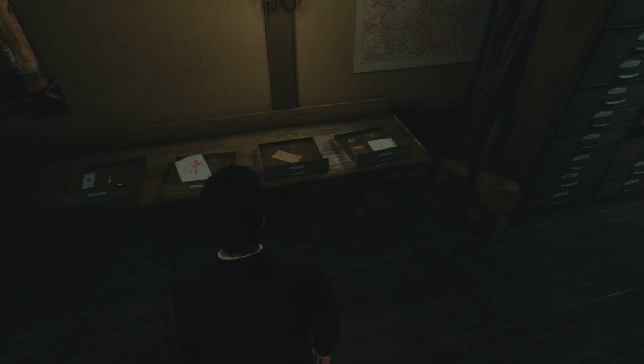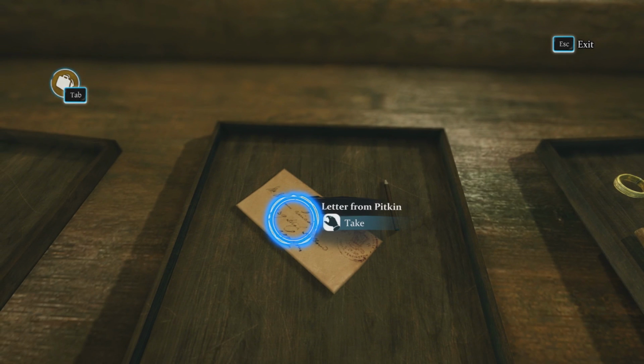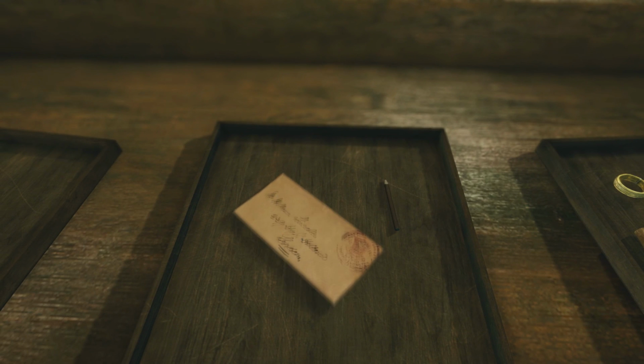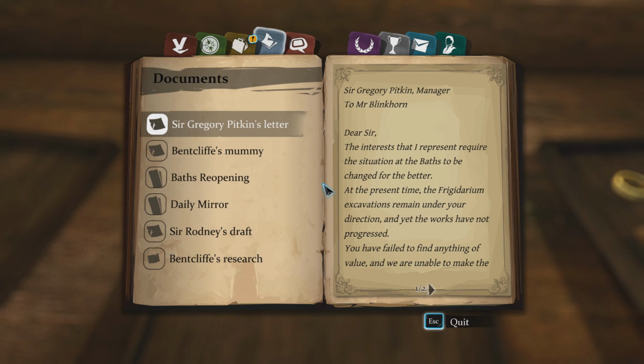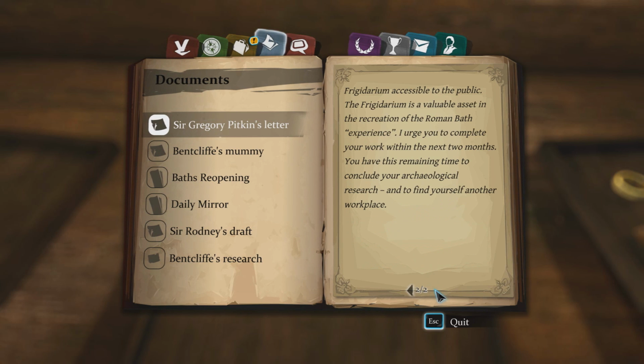Ooh, Blinkhorn. A letter from Pitkin. Sir Gregory Pitkin, manager, to Mr. Blinkhorn. Dear Sir, the interests that I represent require the situation at the baths to be changed for the better. At the present time, the Frigidarium excavations remain under your direction, and yet the works have not progressed. You have failed to find anything of value, and we are unable to make the Frigidarium accessible to the public.